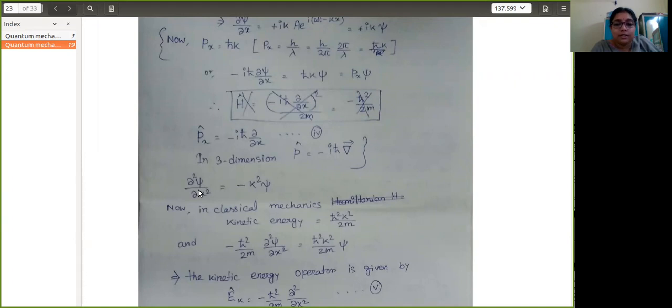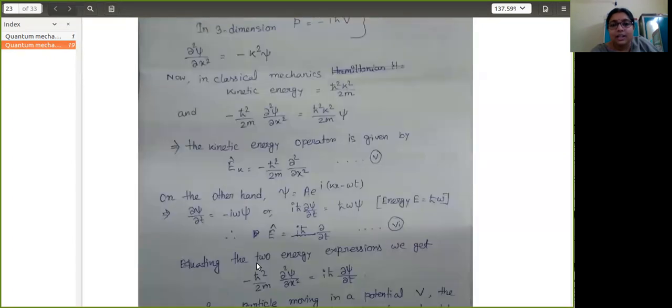We have to multiply it with minus h cut square divided by 2m. So minus h cut square by 2m del 2 psi del x2 will give you h cut square k square by 2m into psi, which is nothing but the kinetic energy. So the kinetic energy operator will be given by Ek operator equals minus h cut square by 2m del 2 del x2. So we got the kinetic energy operator.